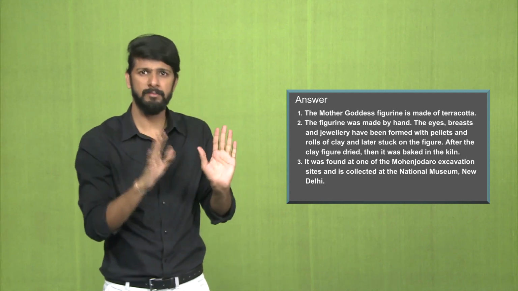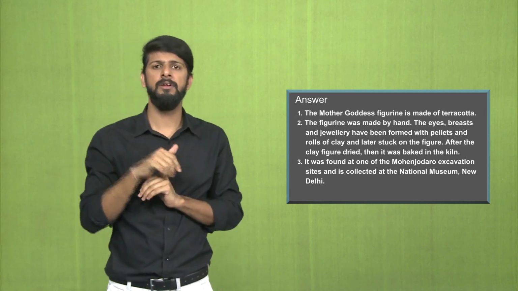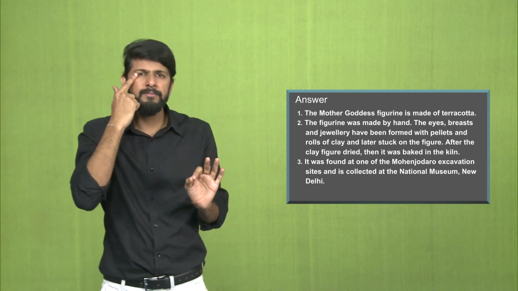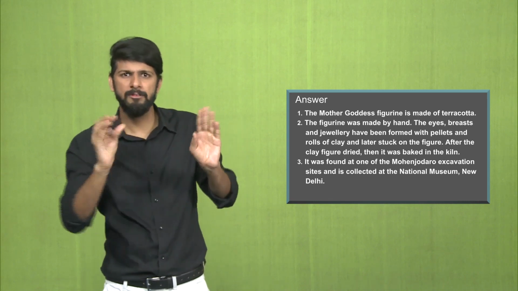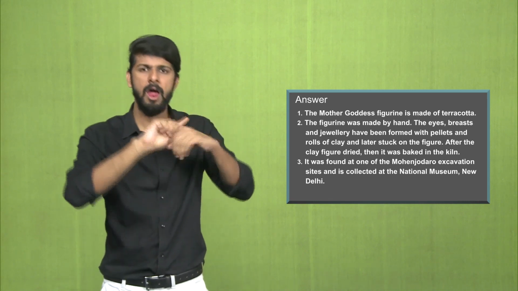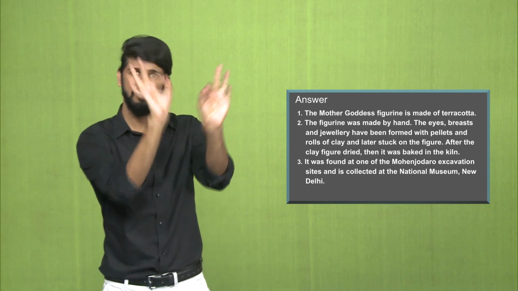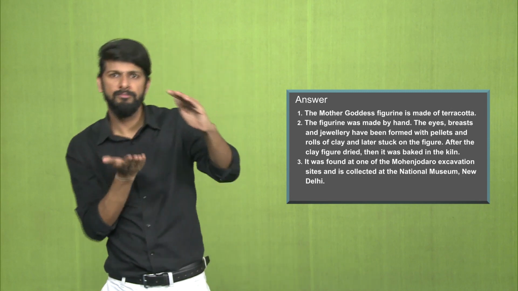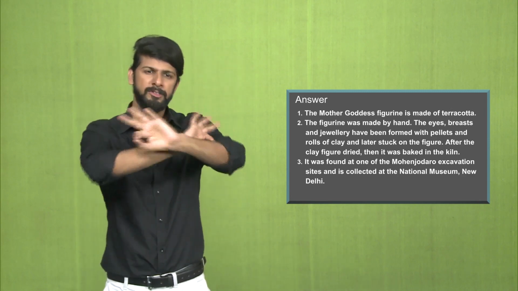First the model was prepared, next after the drying of the model, the eyes, the breasts, the jewelry and all the additional parts were later added or stuck on the figure by pellets and rolls of clay.